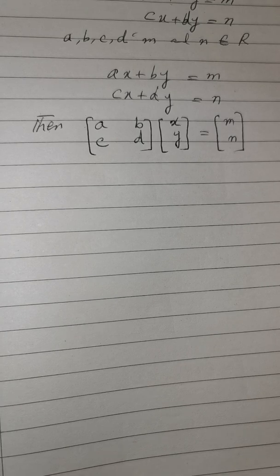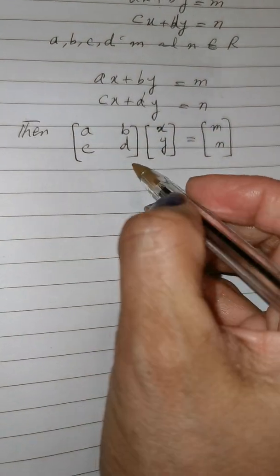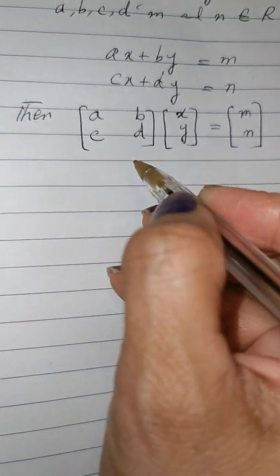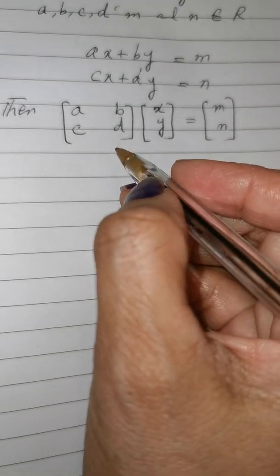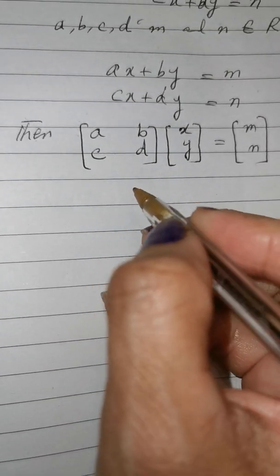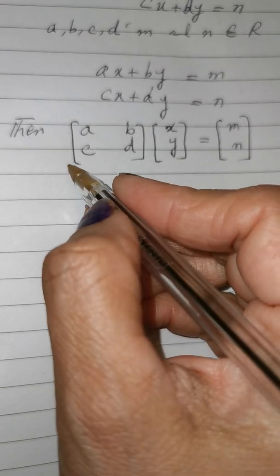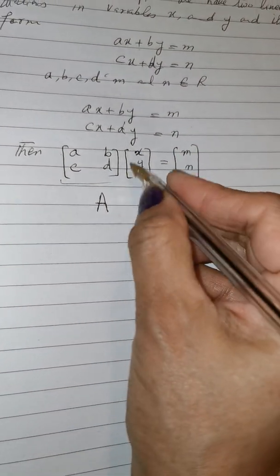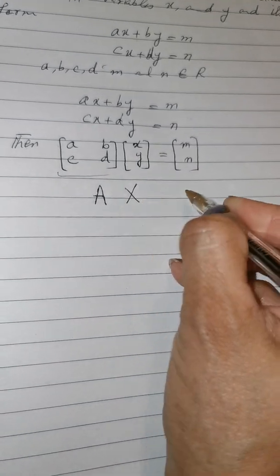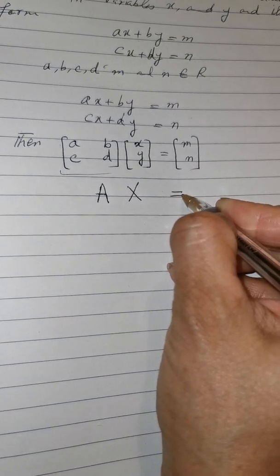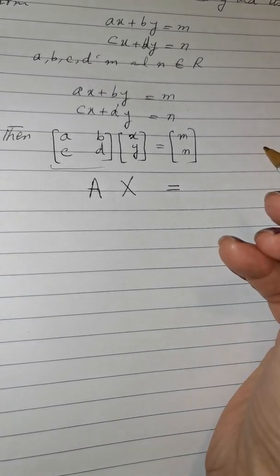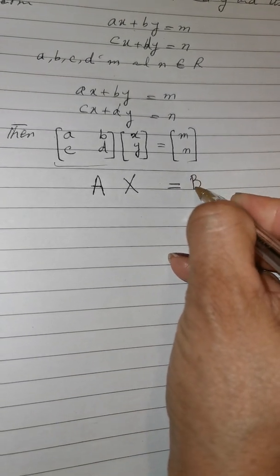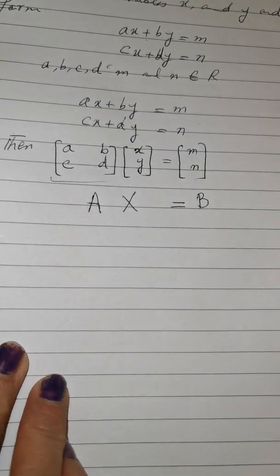In this way we will write the two linear equations in matrix form. After that I will name them, because the names of matrices are capital letters. I will name this matrix capital A, this matrix capital X, and this matrix B.